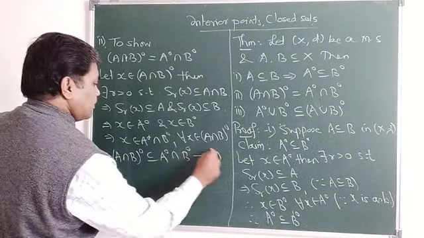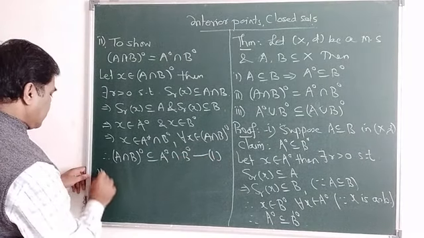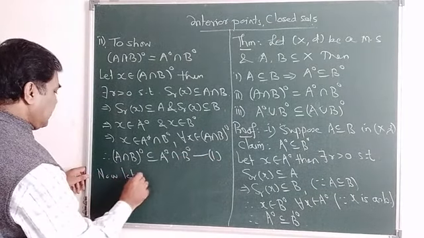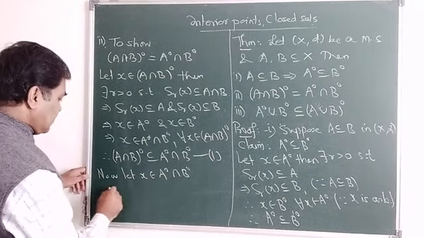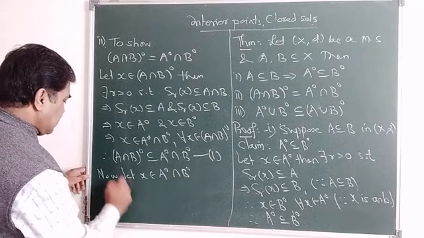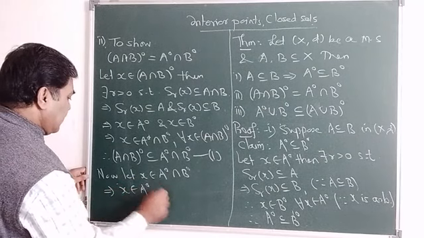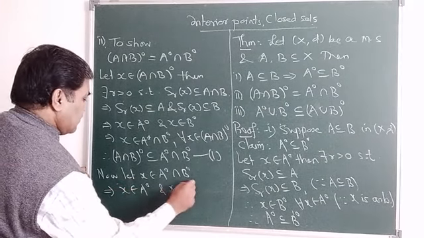Now, let x belong to A interior intersection B interior. This implies x belongs to A interior and x also belongs to B interior.